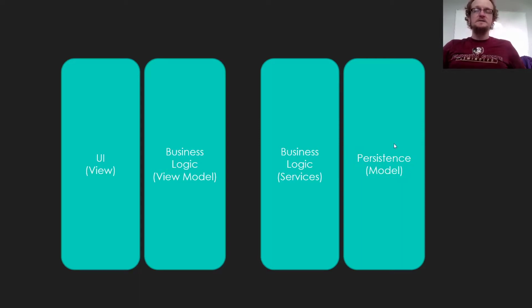In our case, we did not have a persistence layer, but if we did, we would be taking our support tickets and storing them in a table in a database somewhere, so that when we launch the application again, we're not back at square zero. We have some support tickets that we had entered at the last session of the application.